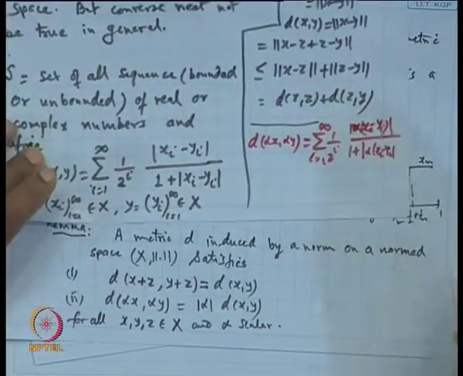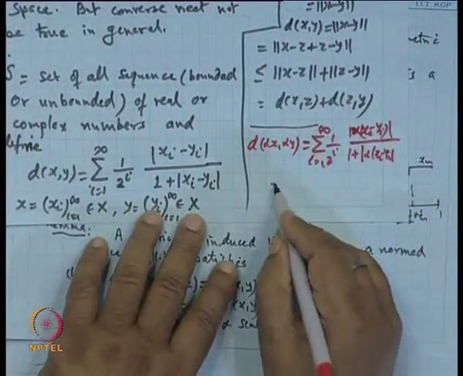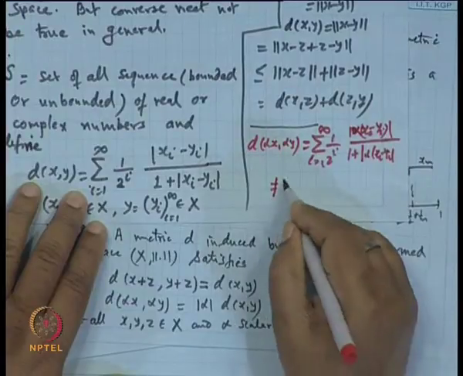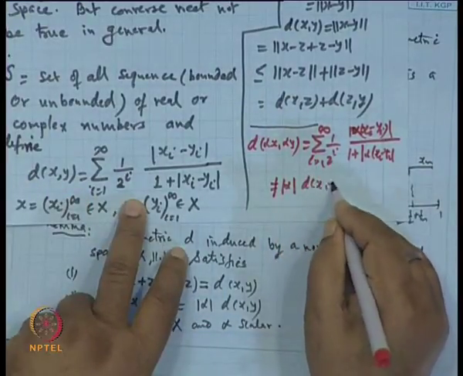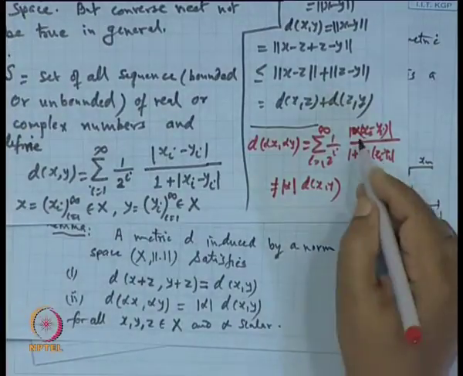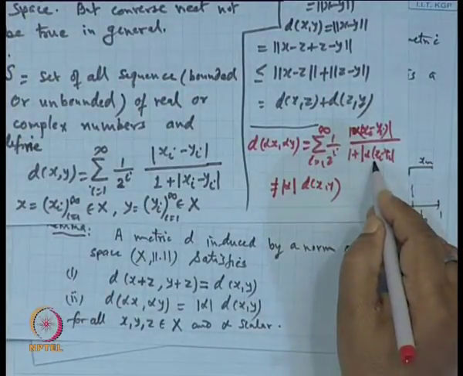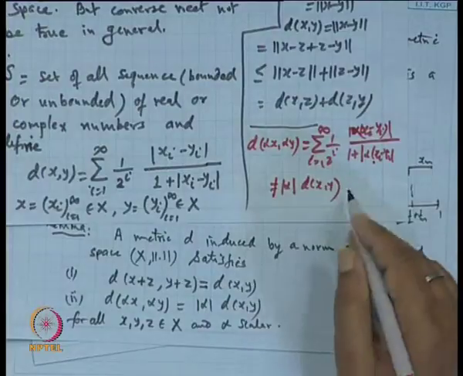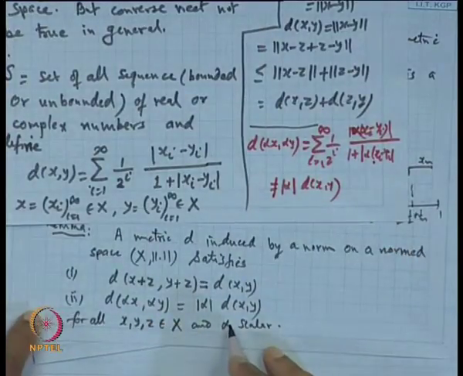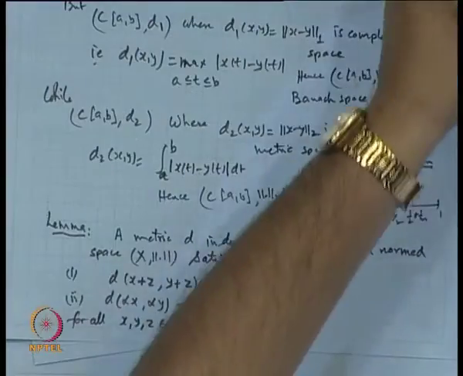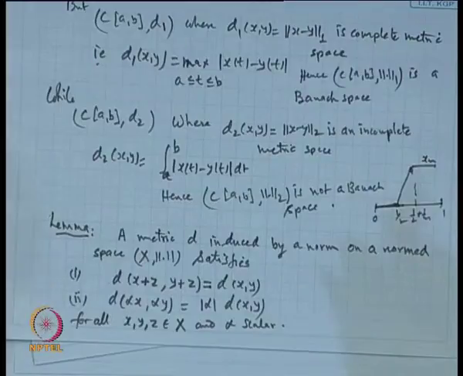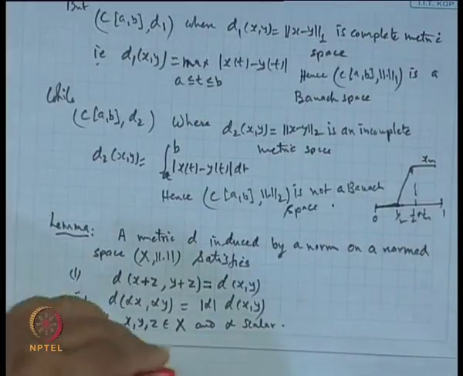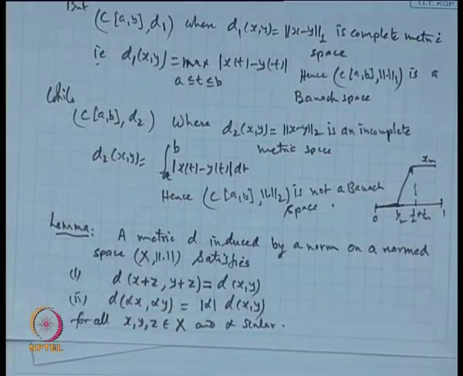So, can you take alpha outside? You cannot take alpha outside, because as soon as you take alpha, this is 1 plus mod alpha times the difference. So, you cannot take mod alpha outside. It means the second condition is not satisfied. So, this shows that if any one of the conditions fails, then the corresponding metric cannot be induced by the norm.